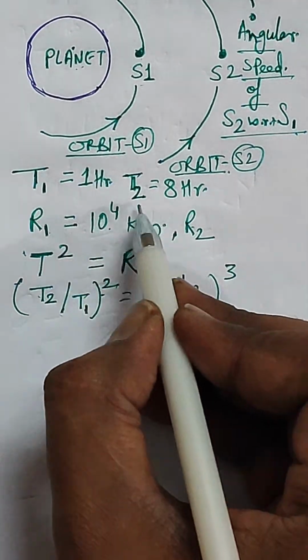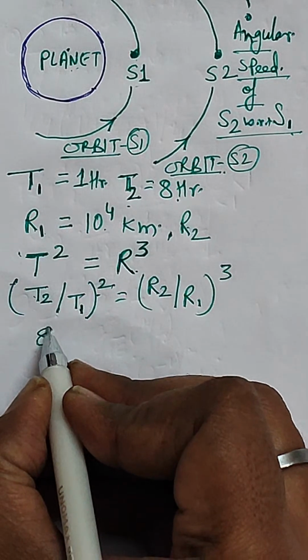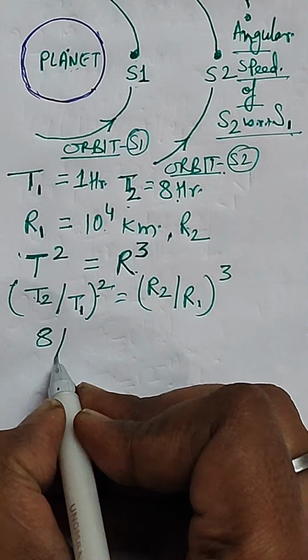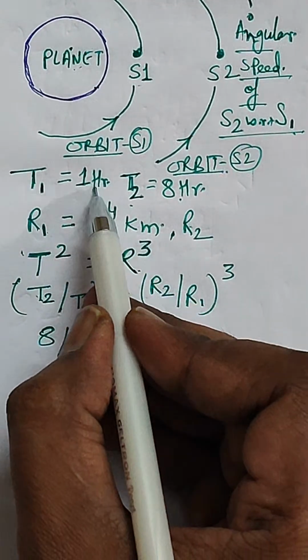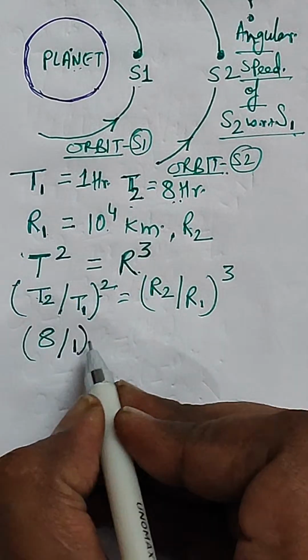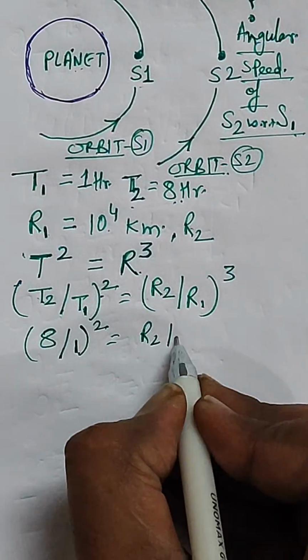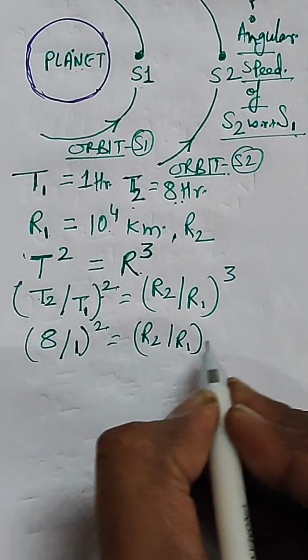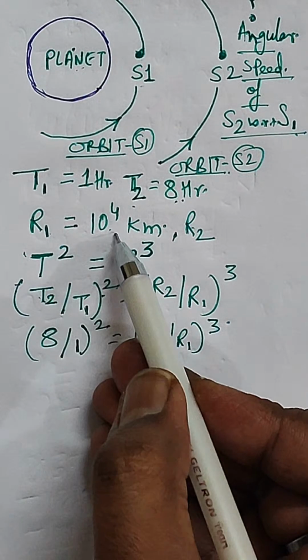The time period of revolution T2 is 8, so just put the value of 8 in place of T2, and in place of T1 write 1, because it's given that T1 and T2 are 1 hour and 8 hour. This whole square is equal to R2 by R1 whole cube, and R1 is given to you.